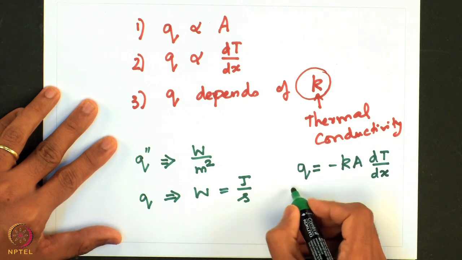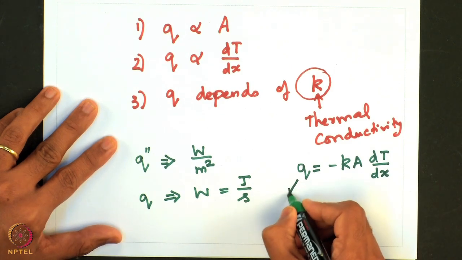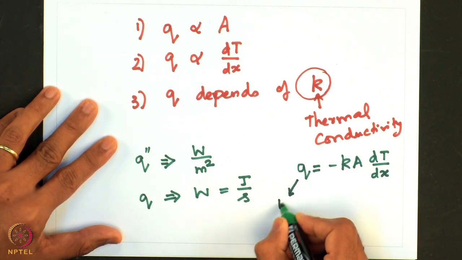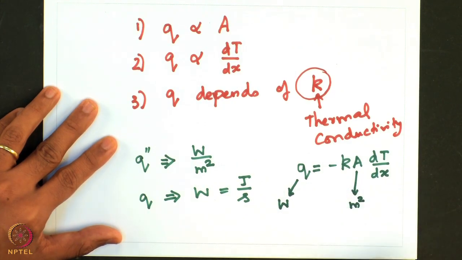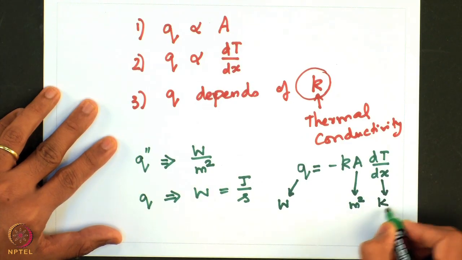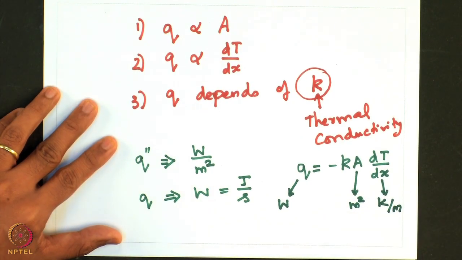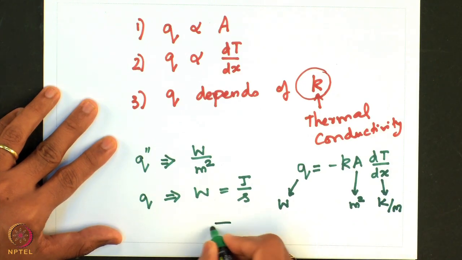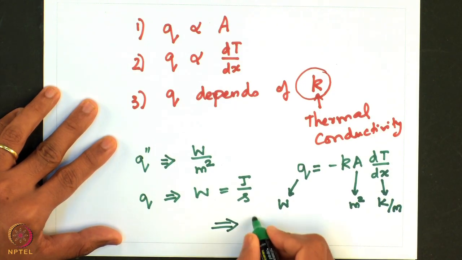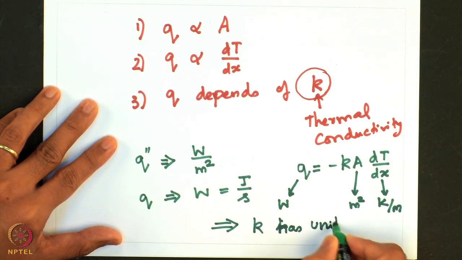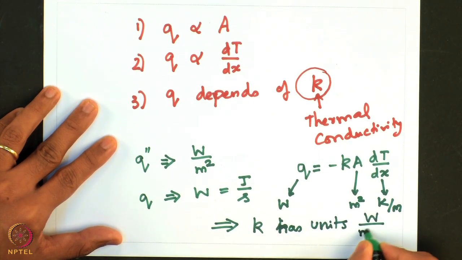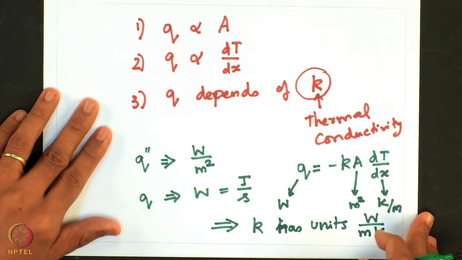If I set the units here, the units of Q are watts, the units of A are meter square, and the units of dT by dx are Kelvin per meter. Therefore, we can easily see that thermal conductivity has units of watt per meter Kelvin. That is the unit for the thermal conductivity of any material.